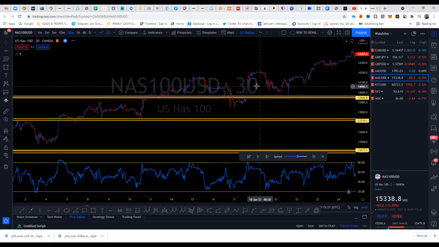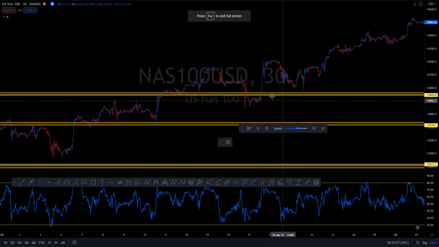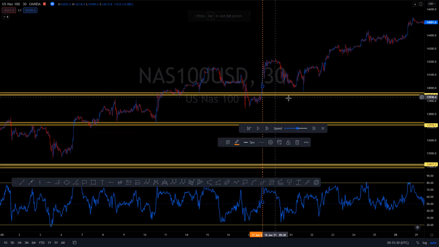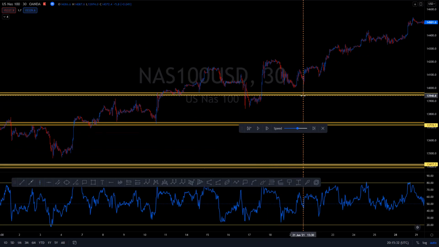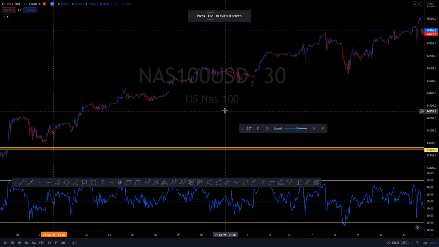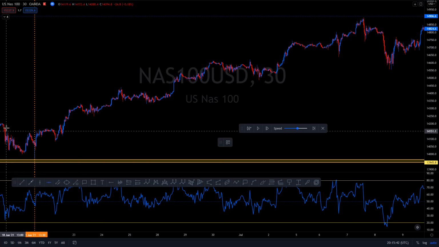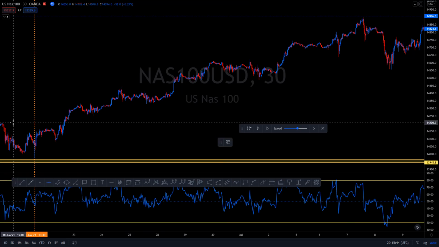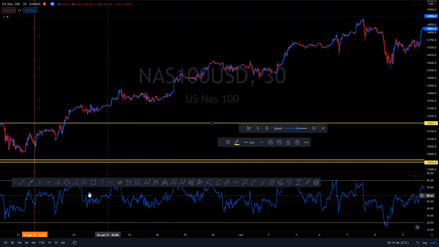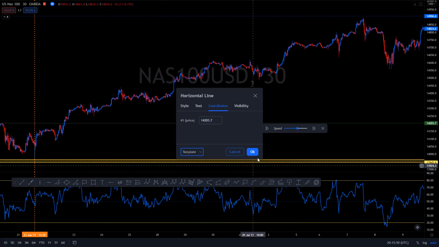So this is the last 30-minute candle here. So I'm going to take a vertical line, and we'll move it over here, right? So then we're going to mark up our zones from this point on here, up to here. We'll make them green.